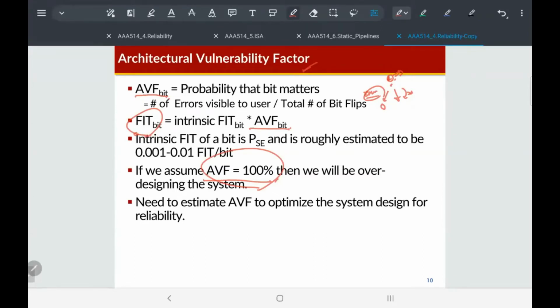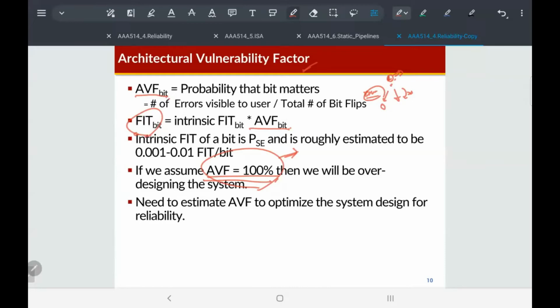If you assume that every error changes the output result of our computer system, then we can say that the AVF is 100%. Okay, but it's not true as I explained. But that's our assumption. It's a design target.